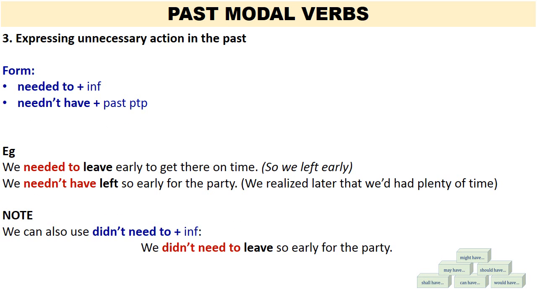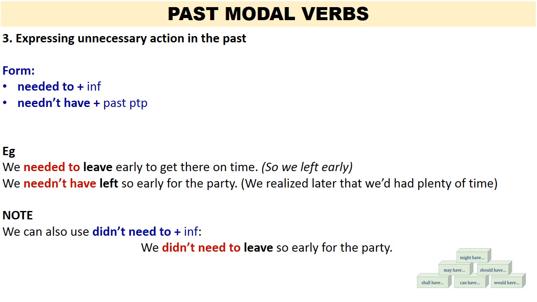Next, we take a look at past modal verb forms to express an unnecessary action that was done in the past. And the form for this would be needed to plus the infinitive form of a verb, or in the negative, we would use needn't have plus the past participle form of a verb.